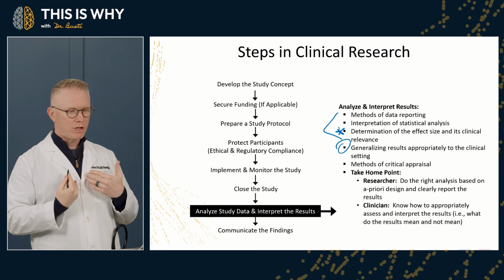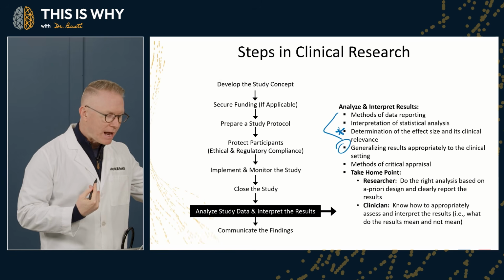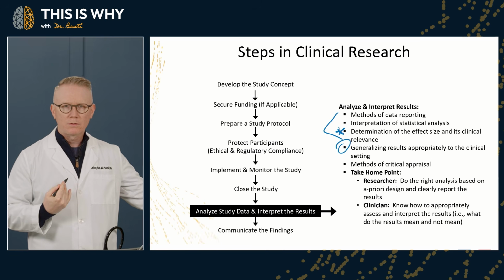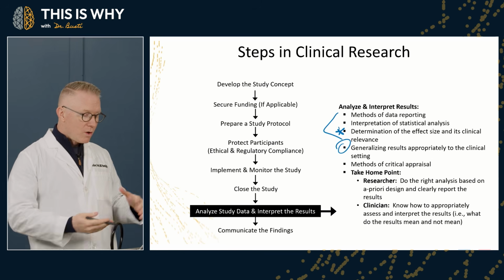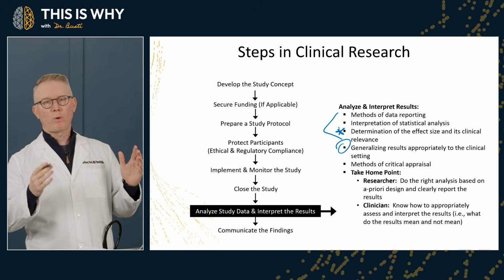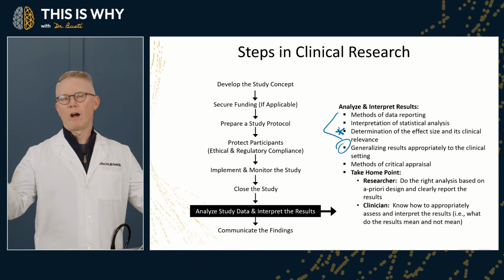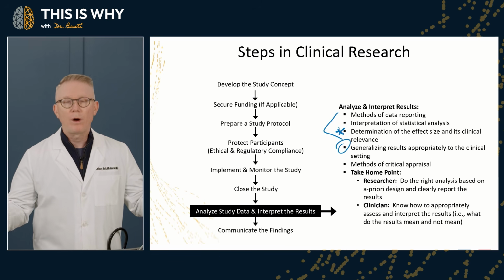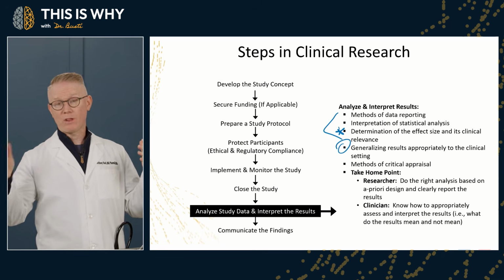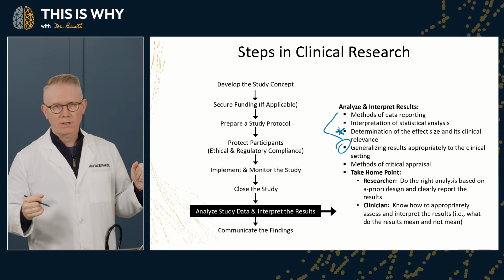You know, if I practice in the acute care environment and I'm reading an outpatient ambulatory care study, that may not be applicable. All right? Now, for clinicians reading the literature, the important question is not simply what are the results, but what do those results actually mean and what do they not mean, okay?